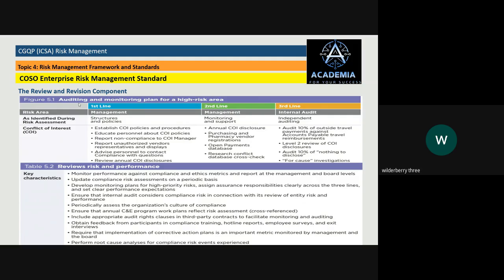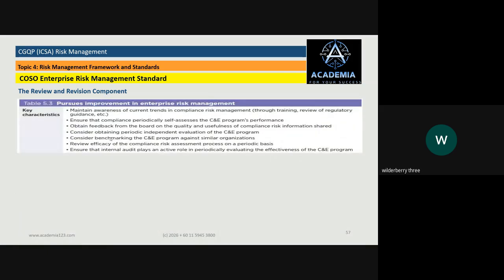Then the second line is also monitoring and support, carried out by the chief audit officer, in order to avoid conflict of interest. And the third line is that there is an independent auditing from external parties. Then you can also arrange your revision of your system accordingly when it comes to auditing.